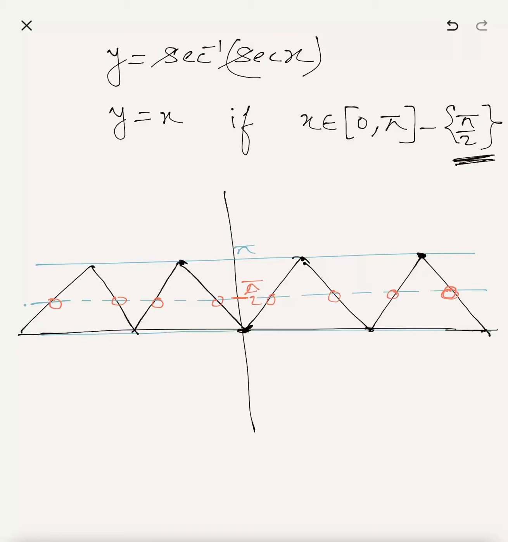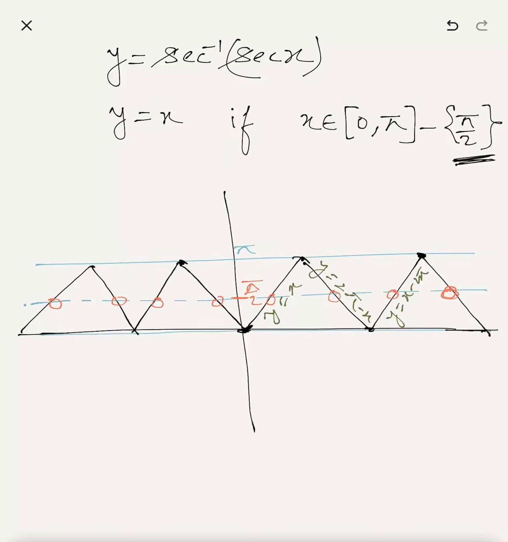So this is the graph of sec inverse of sec x, and the equation for the branches is similar to what? Cos inverse of cos x. Just write it down. y equals x here, y equals 2 pi minus x, y equals x minus 2 pi.